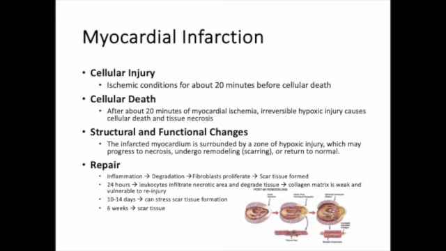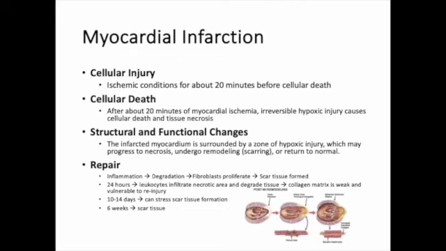Ischemic injury can be exacerbated by what we call a reperfusion injury once blood flow is restored. And this process is an important one to understand because it involves the release of toxic oxygen radicals, calcium flux, and pH changes that will sustain myocardial permeability transition pores.